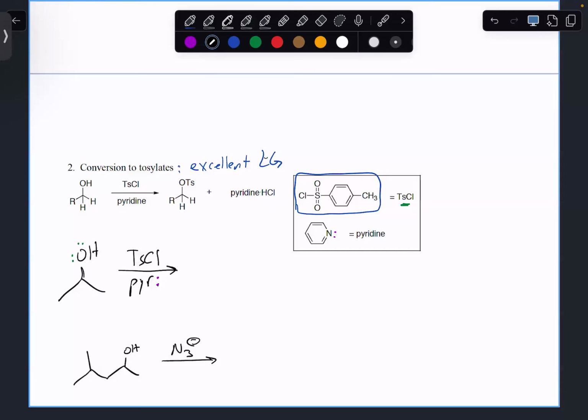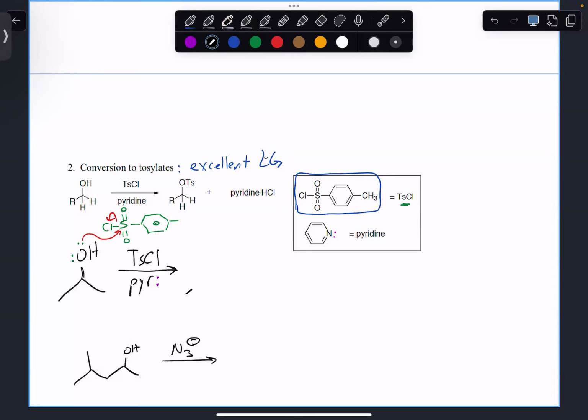So what the tosyl chloride is going to do is the oxygen is going to attack it. The alcohol oxygen is going to attack the sulfur of the tosyl chloride, and that's going to cause the chloride to leave.